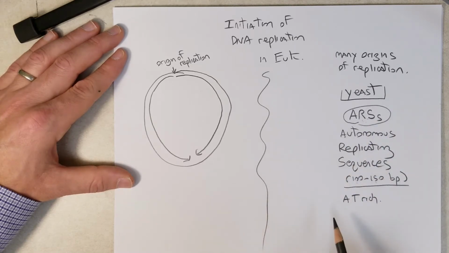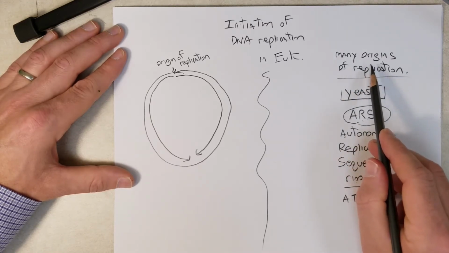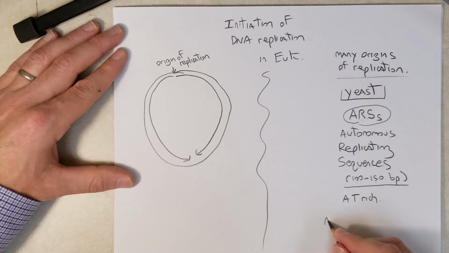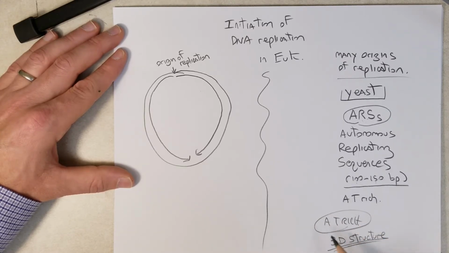So this is consistent with what we know about, or what we don't know about, origins of replication in higher eukaryotes like humans. We know that they tend to be AT rich. And we think there is a component of 3D structure, so how the chromatin bends and how it's arranged in the genome makes an origin function as an origin.